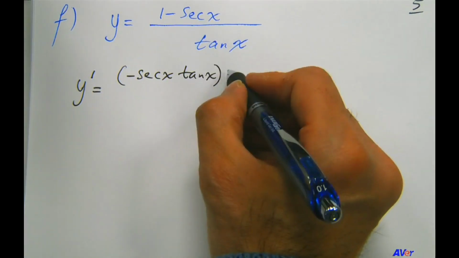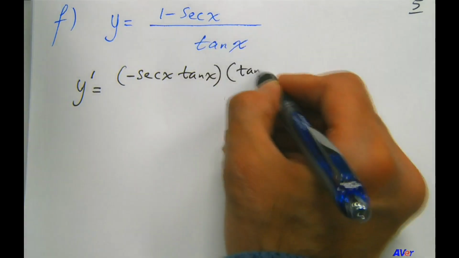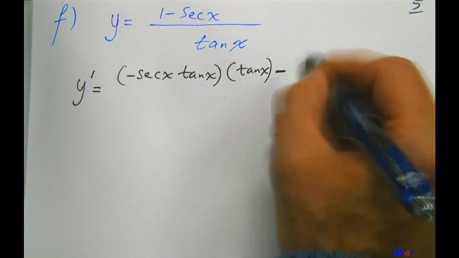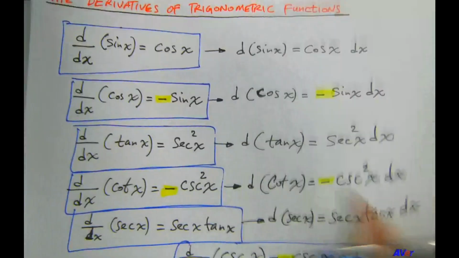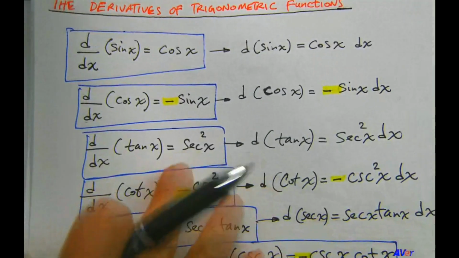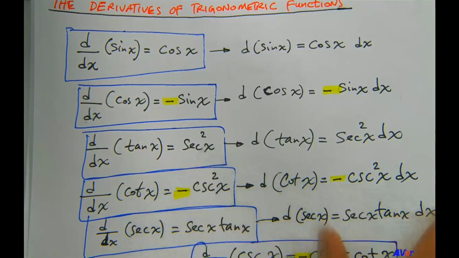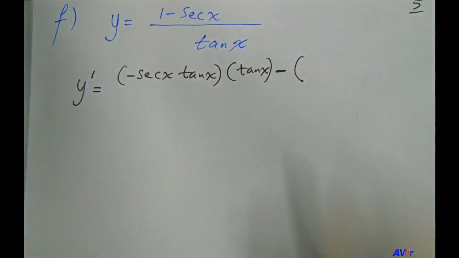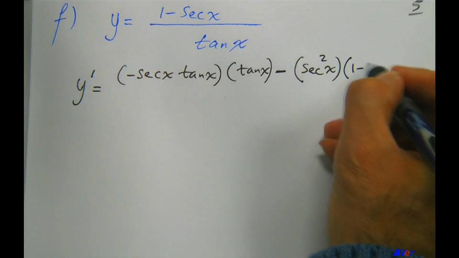Times the function in the denominator, minus, of course, then the derivative of tangent of x. That was what? The derivative of the tangent of x is secant squared x times the function in the numerator.